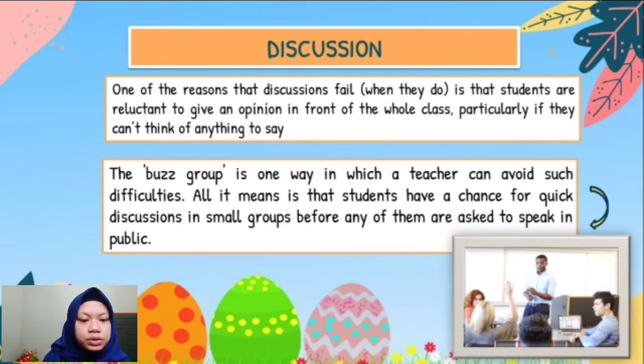Buzz groups can also be used for a whole range of discussions. For example, we might want students to predict the content or the context of a reading text, or we may want them to talk about their reaction after they have read it.